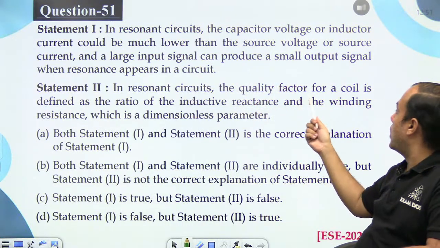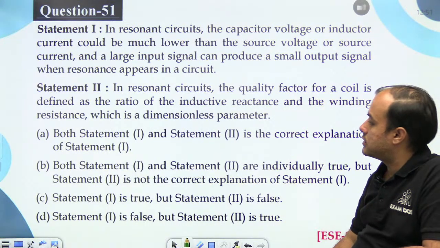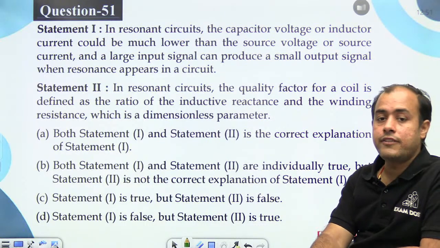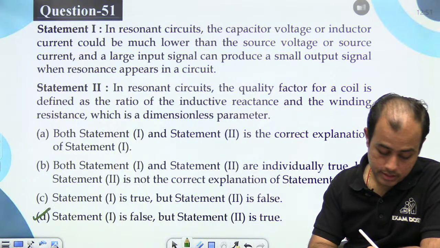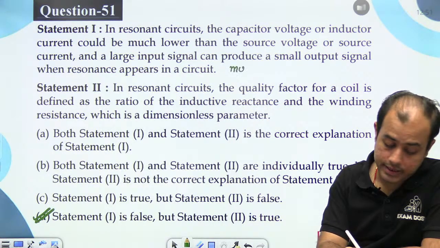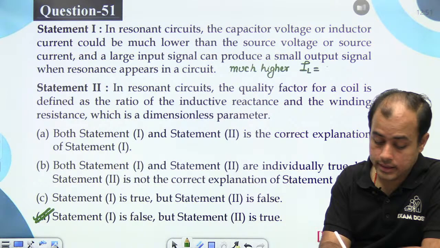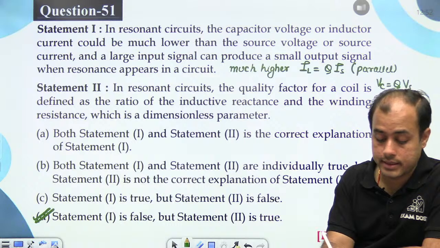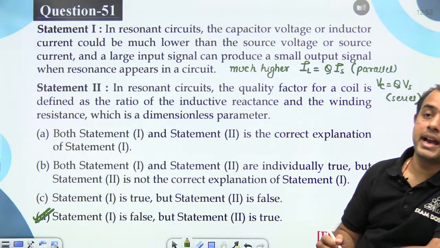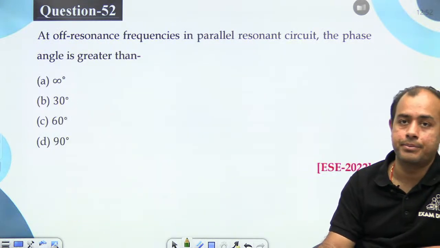In resonant circuit, the quality factor is defined as the ratio of inductive reactance and the winding resistance, which is a dimensionless parameter. तो क्वालिटी फैक्टर का डेफिनेशन दे रहा है और पहले में कह रहा है दे कुड बी मच लोअर, बट दे कुड बी मच हायर. काहे? बिकॉज IL is QIS in parallel and VC is QVS in series. So quality factor is a magnification factor. It will increase the voltage and current, not decrease them.